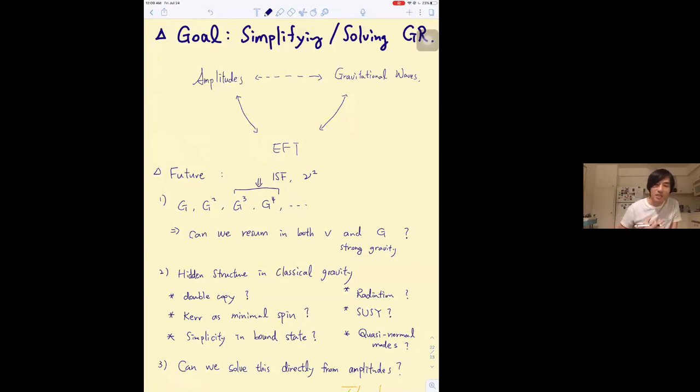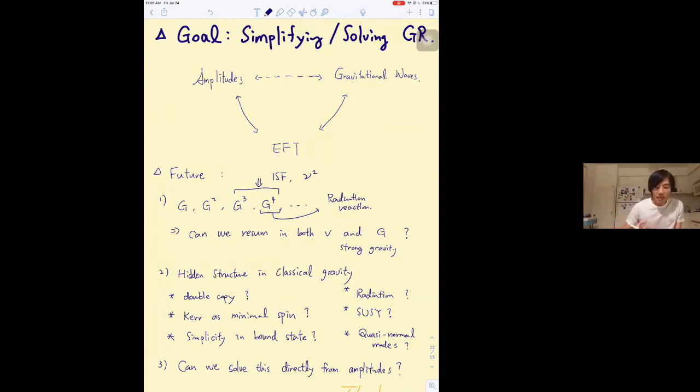That's something independent that you can study at this order. And at order G to the fourth, that's where radiation reaction first appears. So we can also study radiation reaction in a relativistic way.